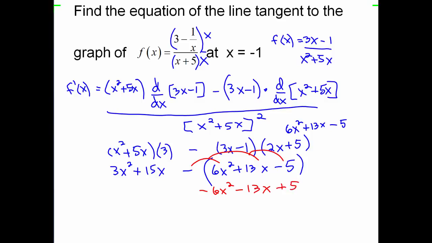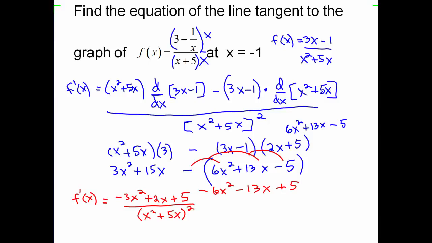So if we combine like terms now, our derivative, f prime of x, is going to equal negative 3x squared plus 2x plus 5 all over x squared plus 5x, squared.